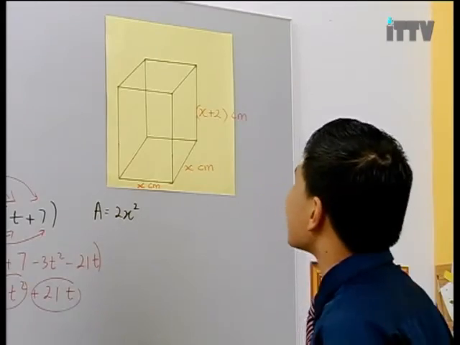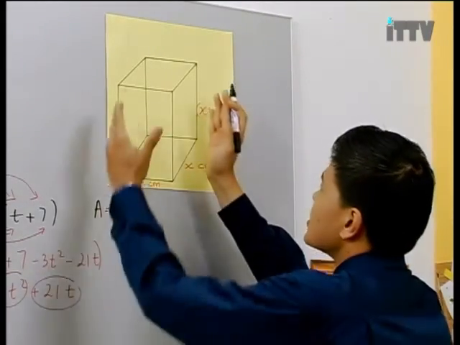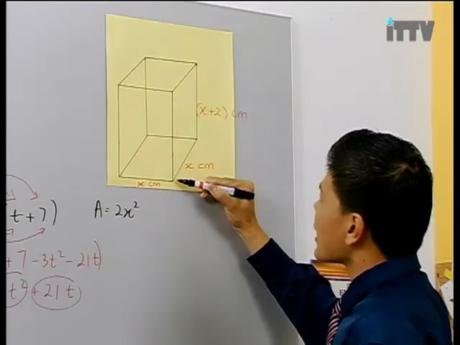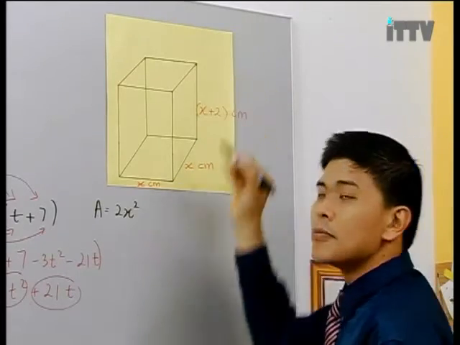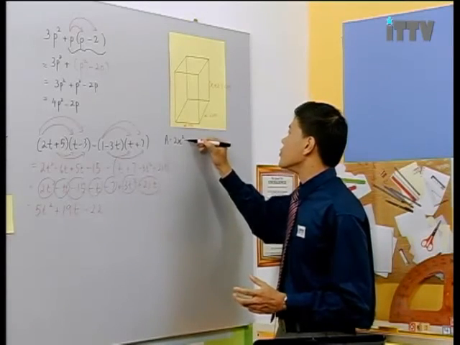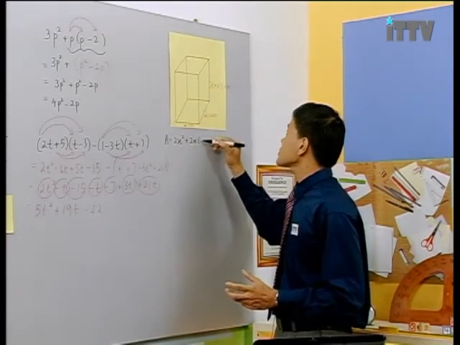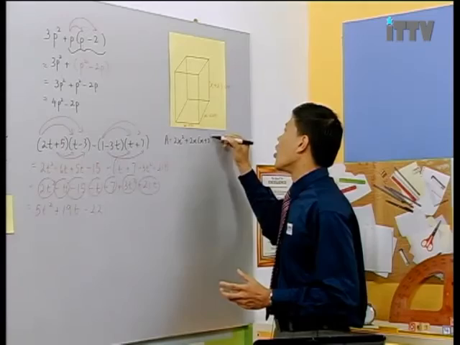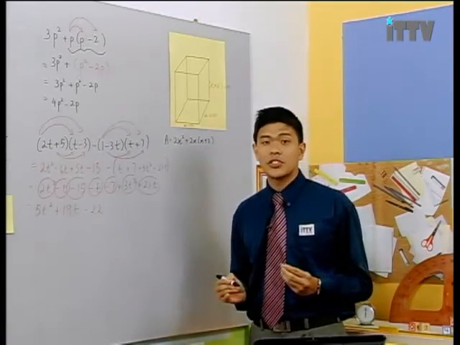Now let us take the sides of the cuboid, which is the left and right side. It will have an area of x by x plus 2 cm, and since there are two such surfaces, it will be 2 of such. 2 is for two surfaces.